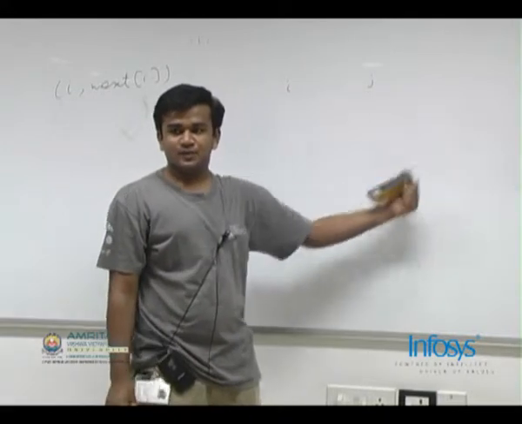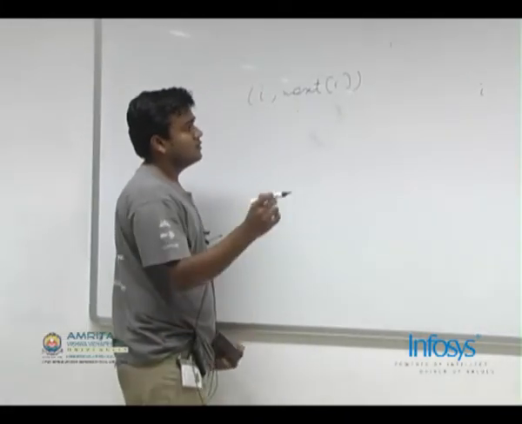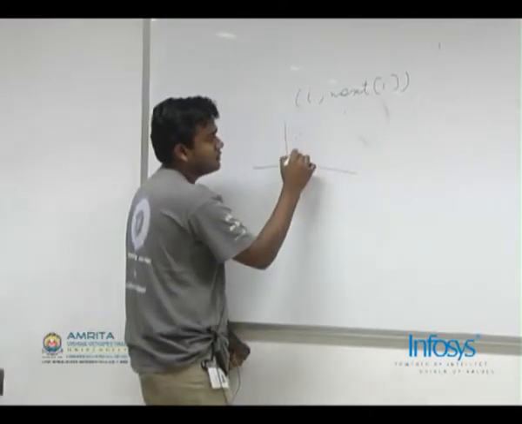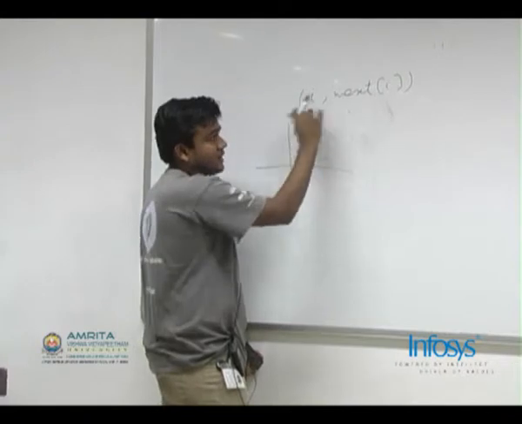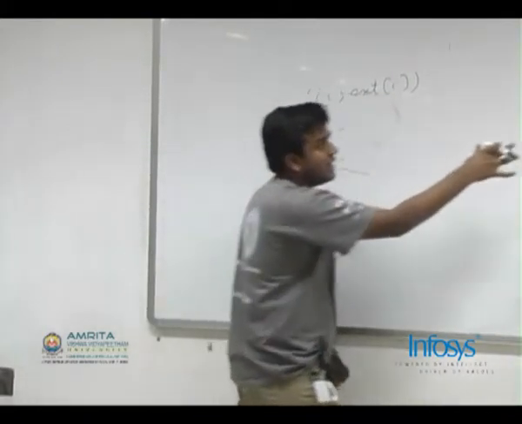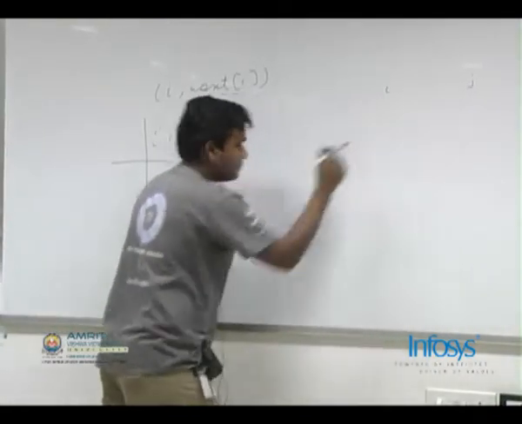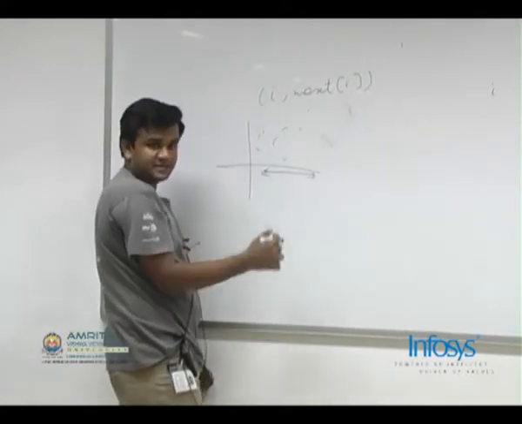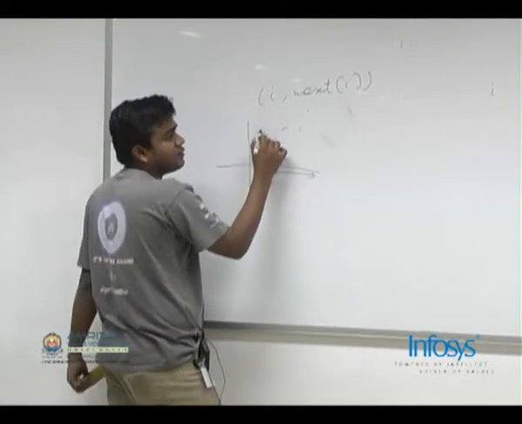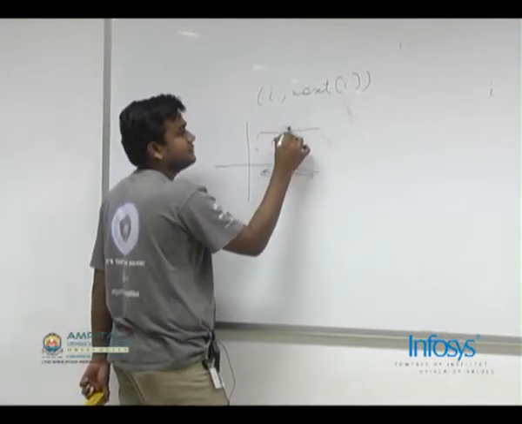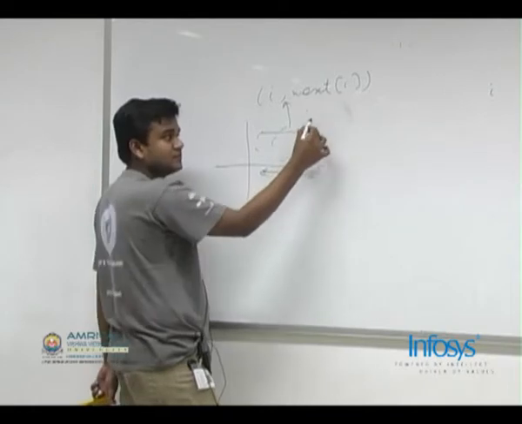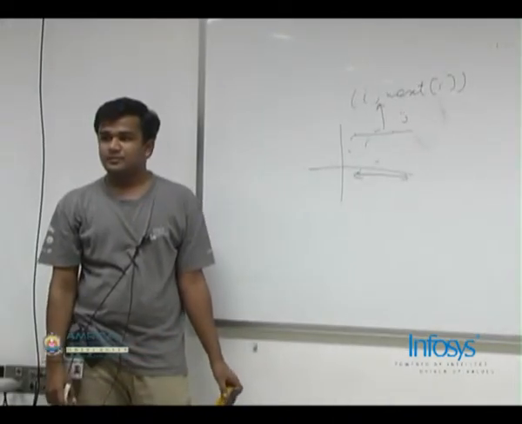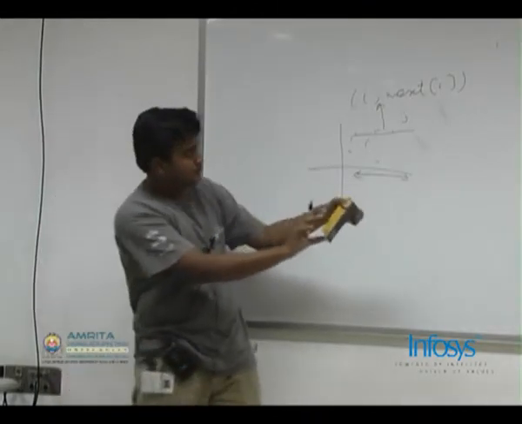So if we plotted these points in a 2D plane, i comma next i, I am looking at points in this window, that is this x range, right, such that their y coordinate is more than j. Take a minute to think about this.